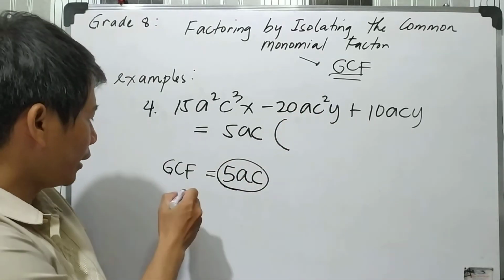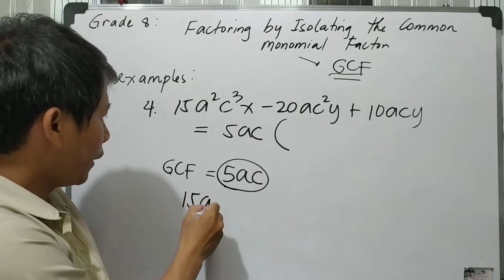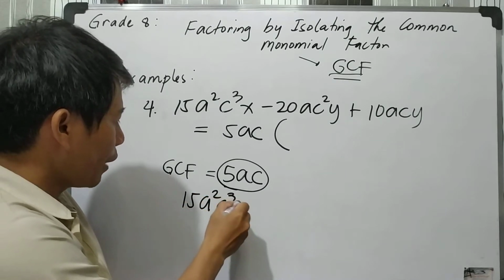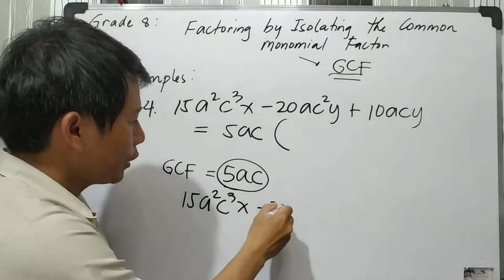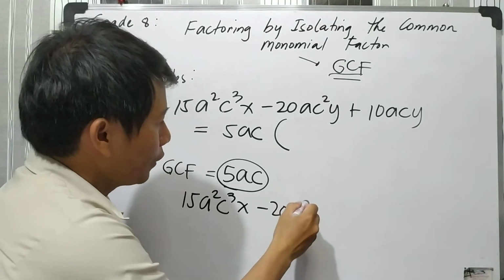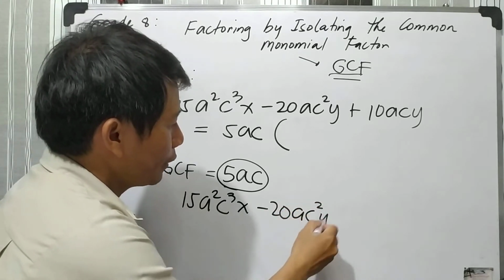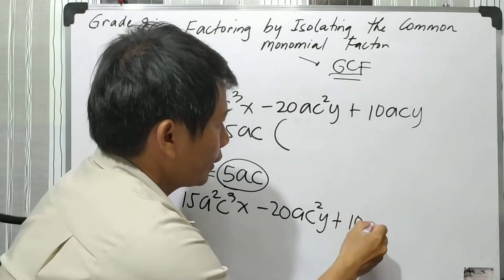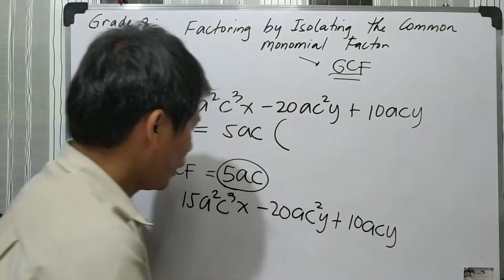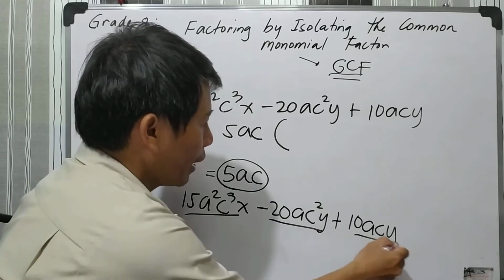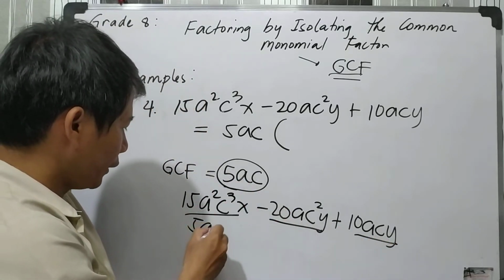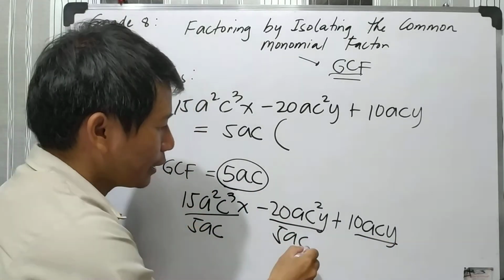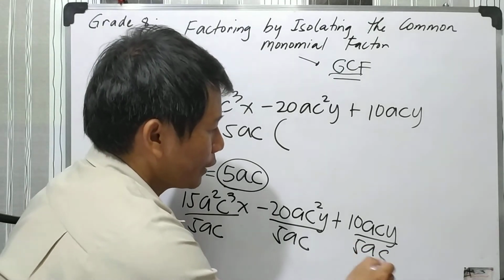Okay? So, we have 15a squared c cubed x minus 20a c squared y plus 10acy. Divide each term by the GCF, so 5ac, 5ac, 5ac.